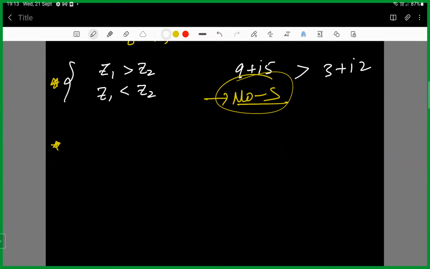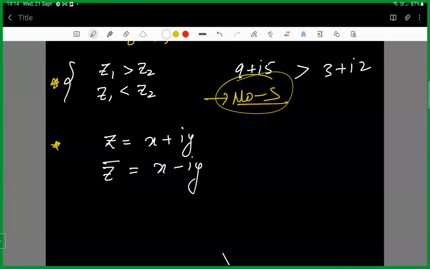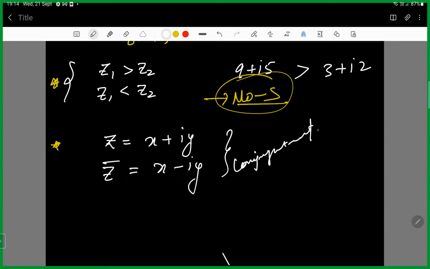Properties of conjugate we have already seen, right? If z is equal to x plus iota y, its conjugate z bar is x minus iota y. Okay, it's called conjugate of complex number. Write down, it's called complex conjugate of a complex number.